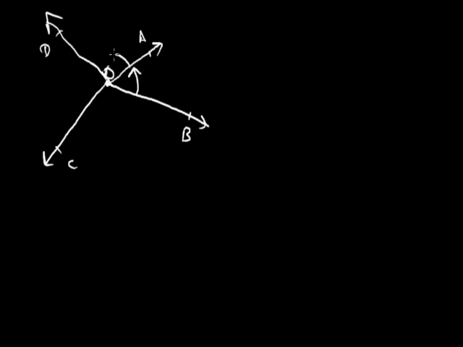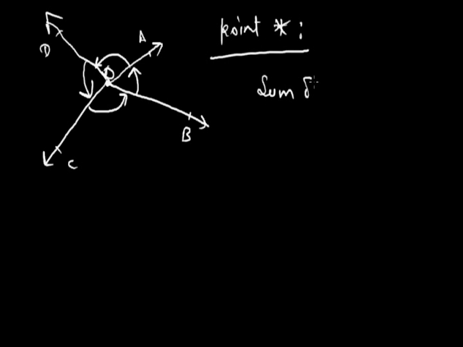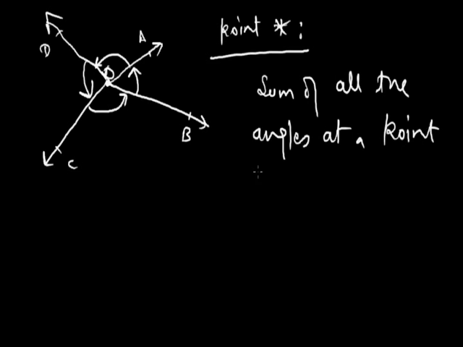Then the sum of all these 4 angles is 360 degrees because they are angles at a point O, and it is to be noted that the sum of all the angles at a point is 360 degrees.